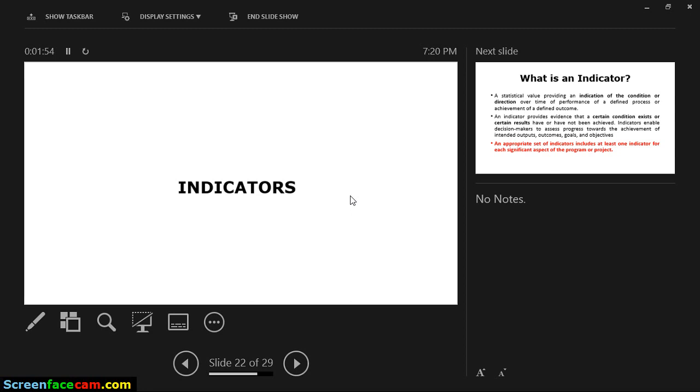Because if you don't understand what an outcome is, you end up putting something wrong under the outcome column, and then you're going to misinform the organization. The organization is going to make a decision based on the information you've given them because you misclassified the outcome. I know for the inputs it's very easy because we are looking at the resources, so that's the easiest thing, even for the activities.